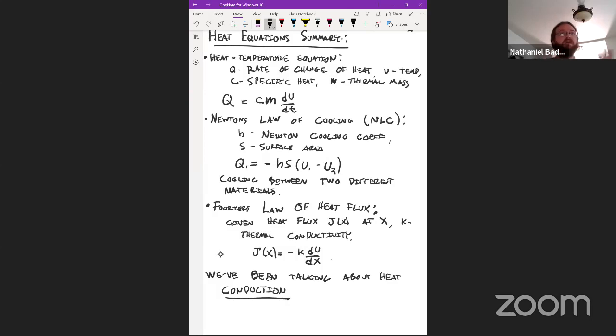Heat conduction is when you have objects that are next to each other but are static and heat travels between them. Heat traveling between static objects in contact.